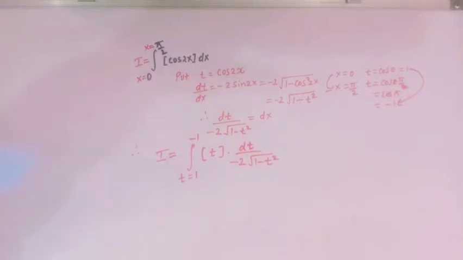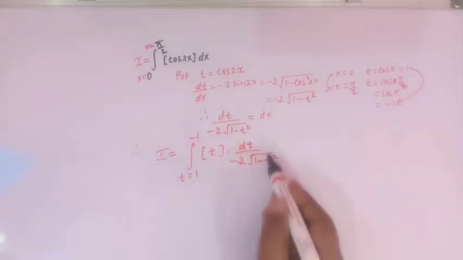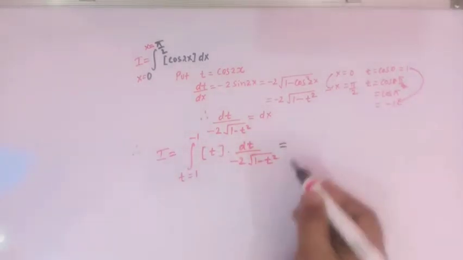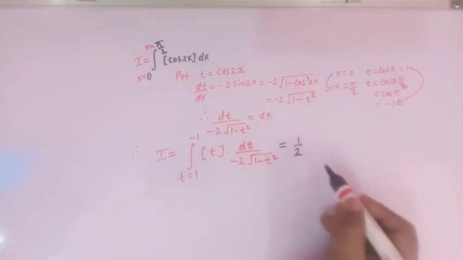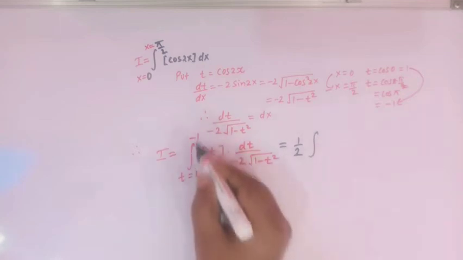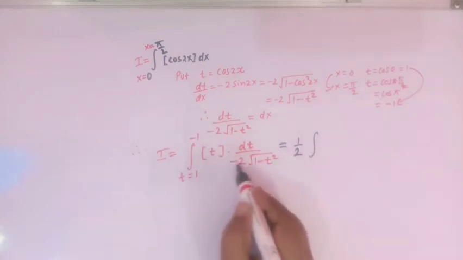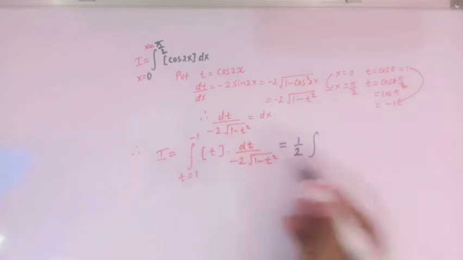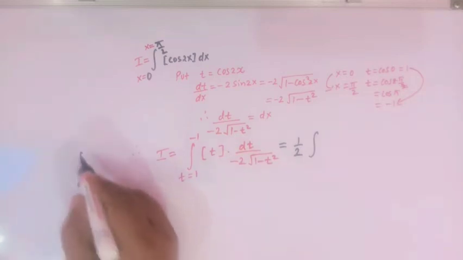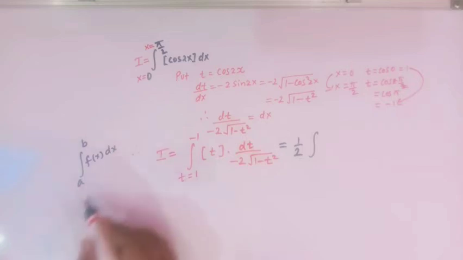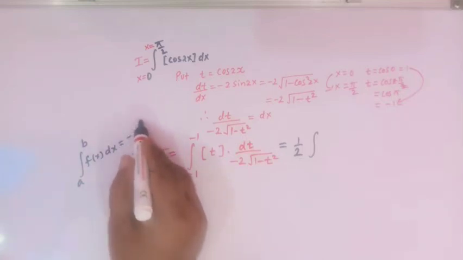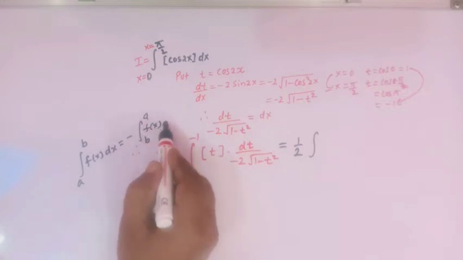Now we can rearrange this integral, taking this 2 outside, and we can interchange the limits and neglect this negative sign, because we know that the integral from a to b of f of x dx is equal to negative of the integral from b to a of f of x dx.